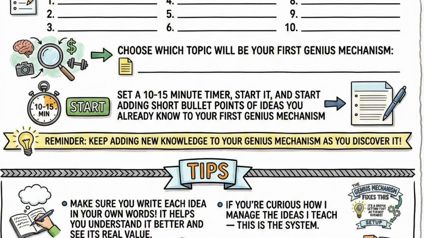Or if it's a marketing genius mechanism, open that up and put as many ideas in there about marketing as you can. You might need more than 10 or 15 minutes, that's fine. But at least start there and have a timer so that it keeps you focused and motivated to complete this process. But just fill those documents up with as many ideas as you already know.